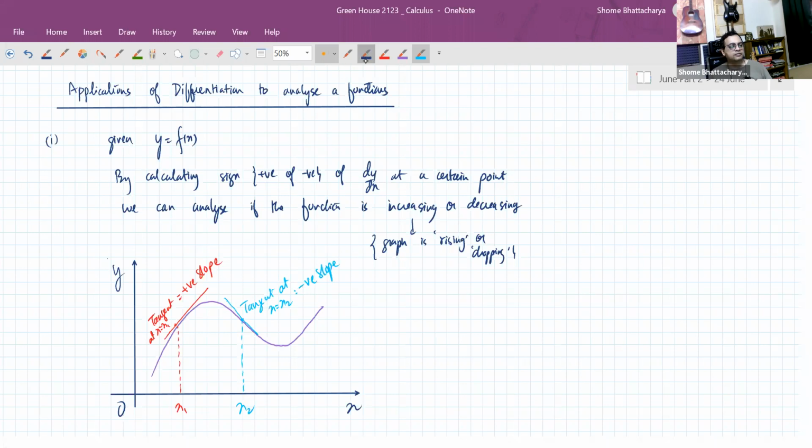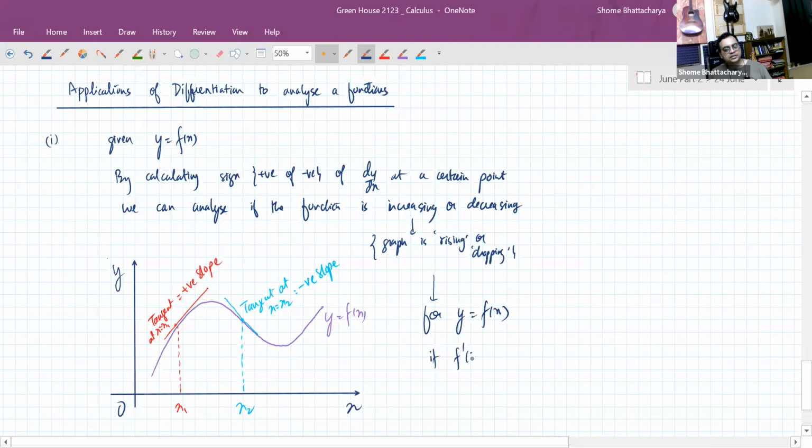Now, if I have a function whose graph I don't know, I can get this information about the graph, where the function is rising and where it is dropping. So for y equal to f(x), if f prime x is positive at x equal to x1, that means the function is rising. Rising means that y increases with x increasing at x1.